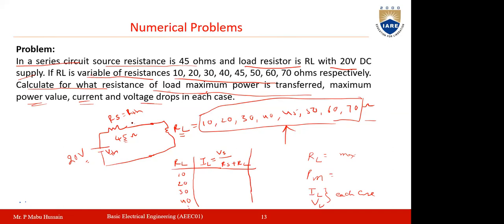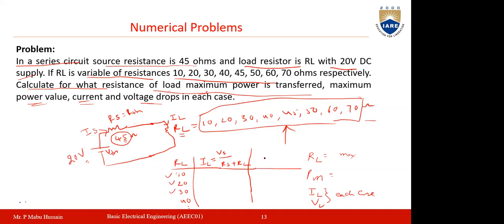The load current is nothing but the current coming from the source; the source current IS and the load current IL are the same. So IS equals IL, which equals 20 divided by the series combination of these two resistances. RS is always 45 ohms, and RL is changing. For each value of RL, find IL.